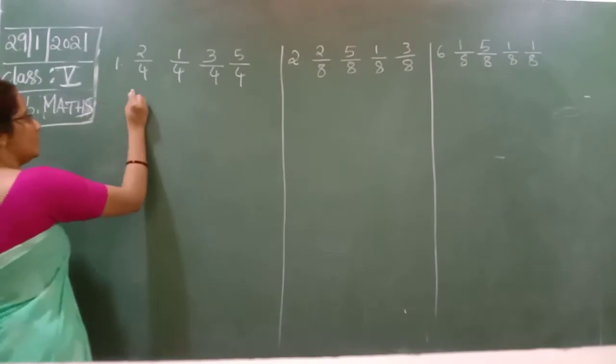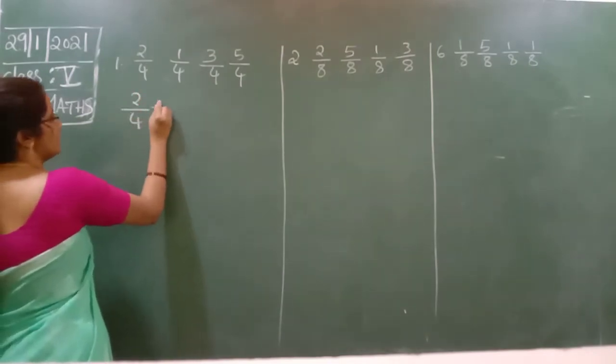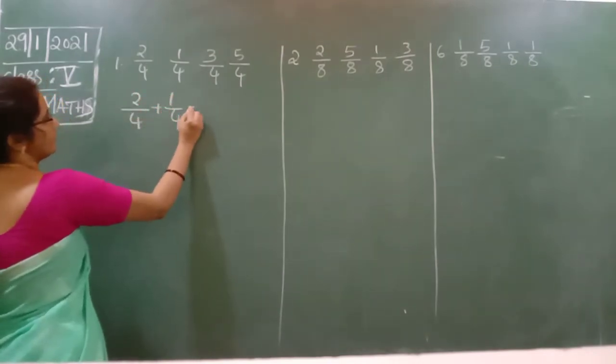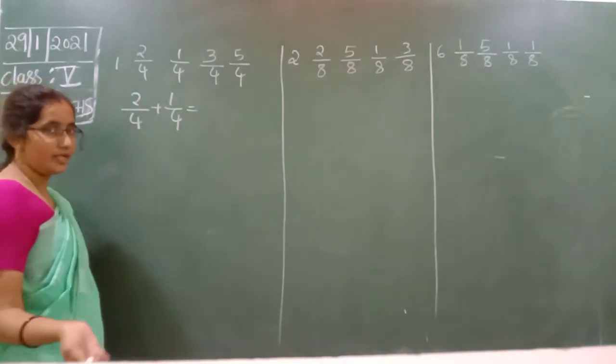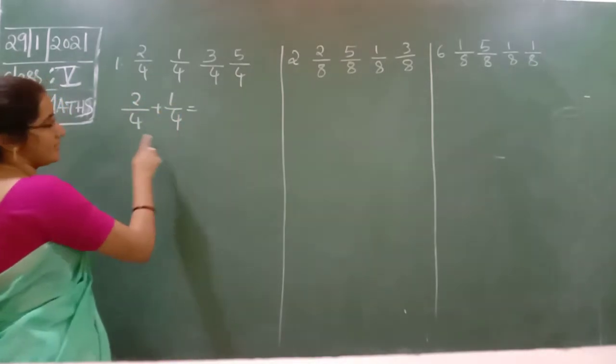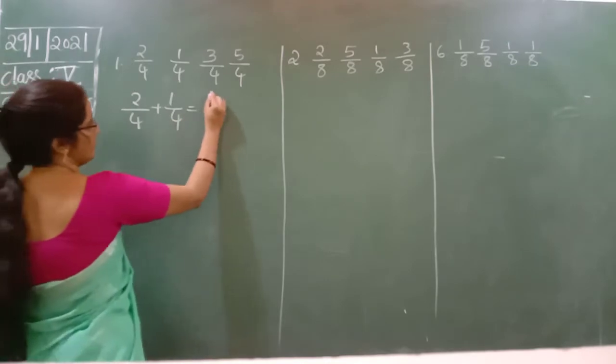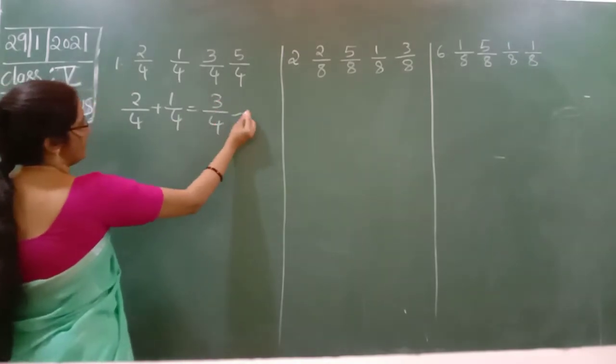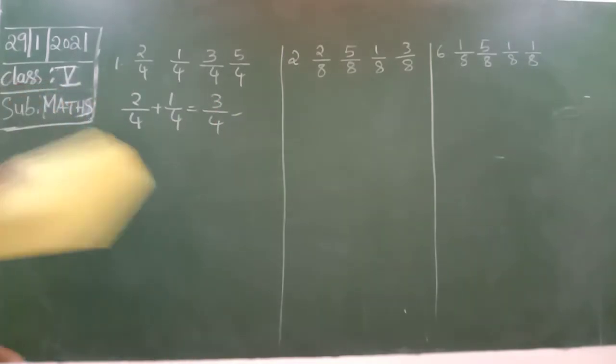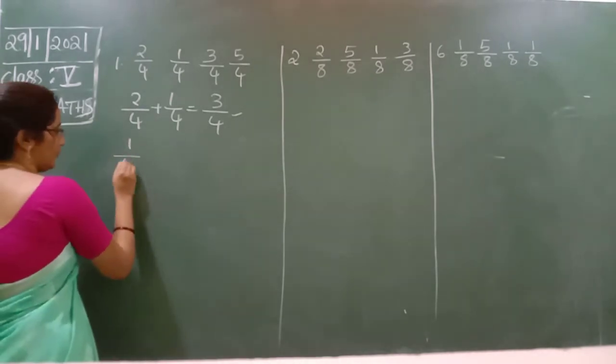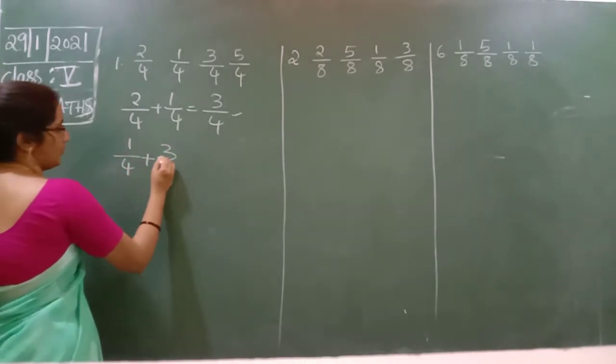Here we take 2 by 4 plus 1 by 4. We can add numerators directly because the denominator is same. They are like fractions. That gives 3 by 4. Is it 1? No. Now we will add 1 by 4 plus 3 by 4.